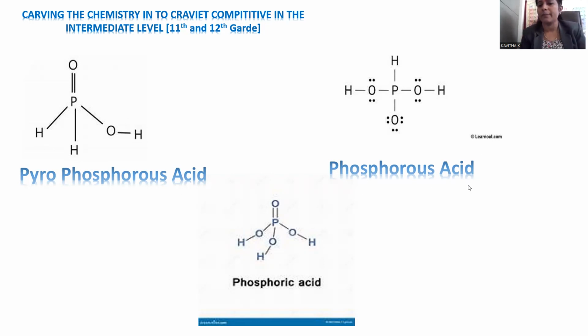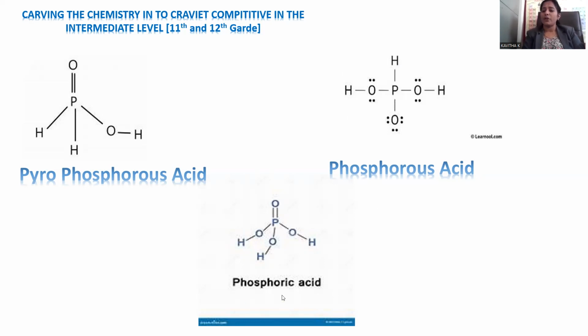Move on to the second, phosphorus acid, which has 2 OH groups. These 2 OH are able to release 2 H plus ions, so its basicity will be 2. And this hydrogen, though present, is directly bonded to phosphorus, non-polar, strongly bonded. So the replaceable hydrogens are this OH hydrogen and this OH hydrogen only. So the basicity of phosphorus acid is 2 only.